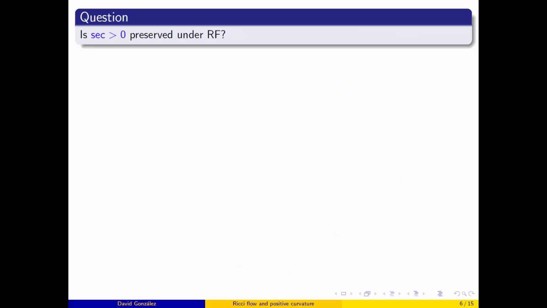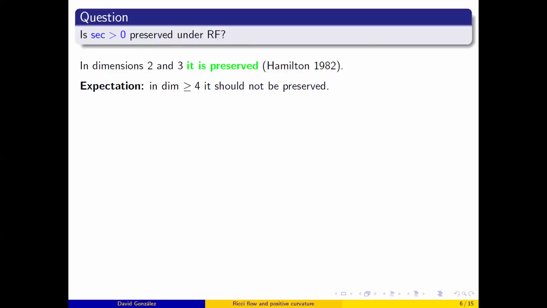Okay, so now we get back to Ricci flow, and this is the question I want to address. Is positive sectional curvature preserved along the flow? In dimensions 2 and 3, it is preserved. Again, this was proved by Hamilton in his first paper.